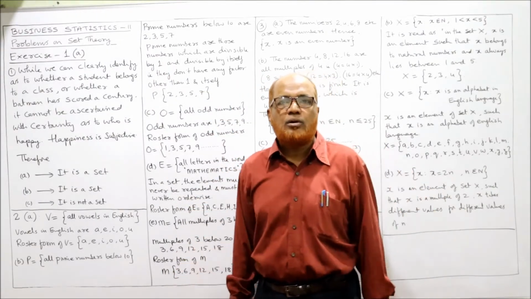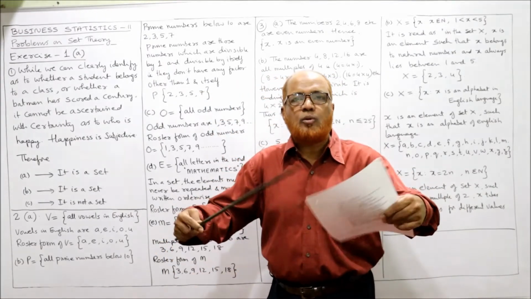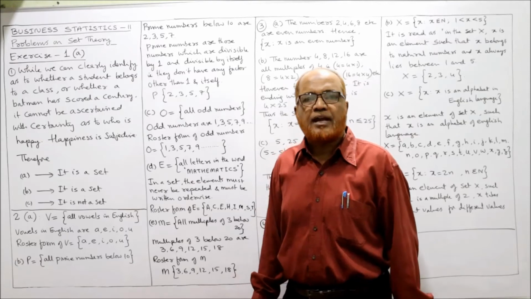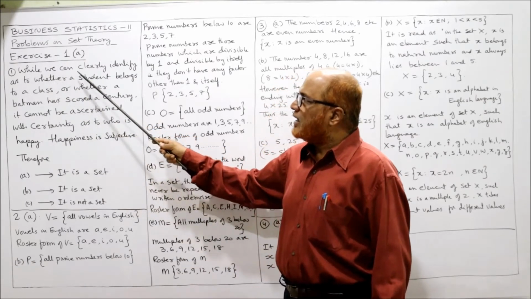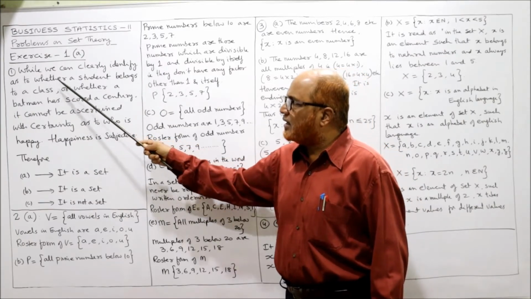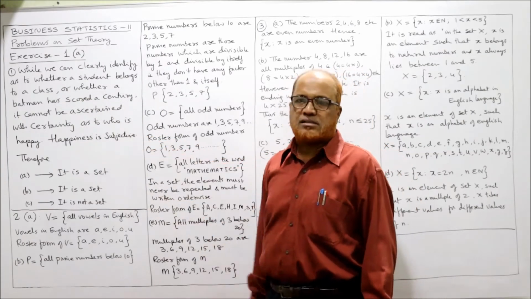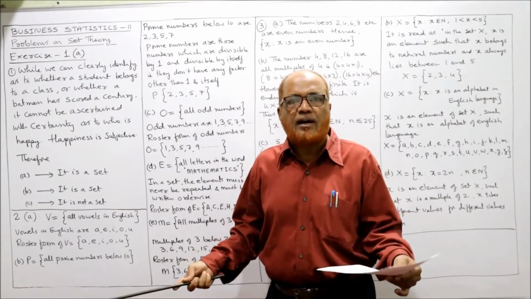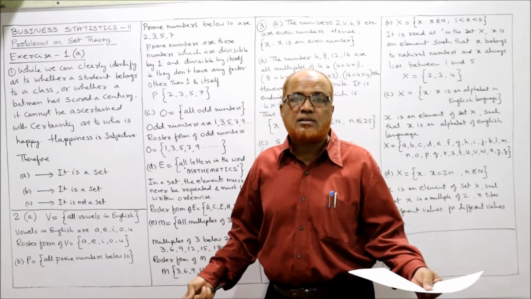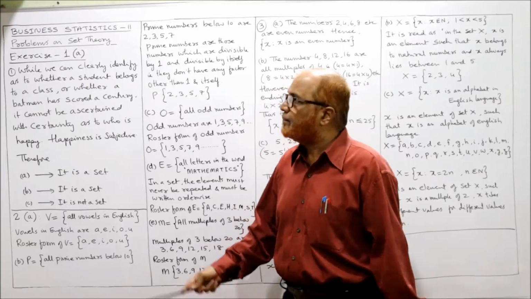Whatever explanation I have given, you have to put it on paper, writing the answer. Exercise 1A. We can clearly identify whether a student belongs to a class or not, so we can make a set of the students in a class.